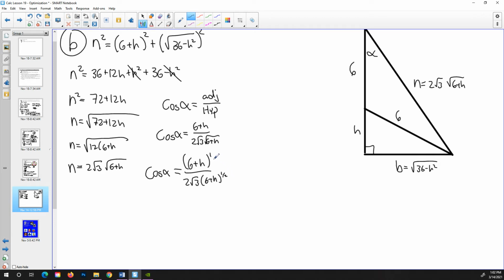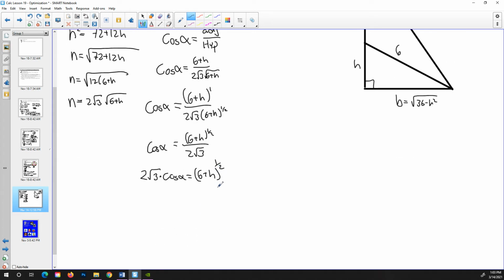So I can subtract these exponents and rewrite this as 6 plus h to the 1/2 over 2 square root of 3. And that's my cosine of alpha. Then I can solve this for h by multiplying both sides by 2 square root of 3. So I'll have 2 square root of 3 times the cosine of alpha equals 6 plus h to the 1/2.